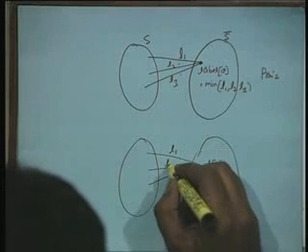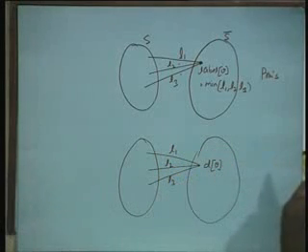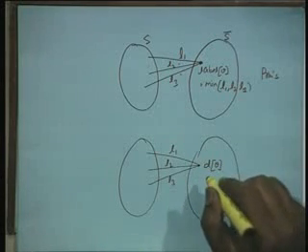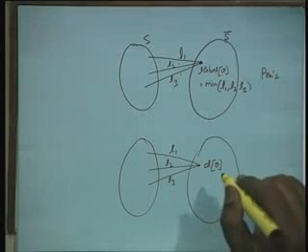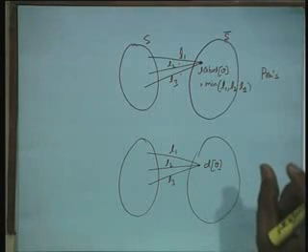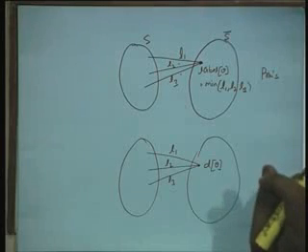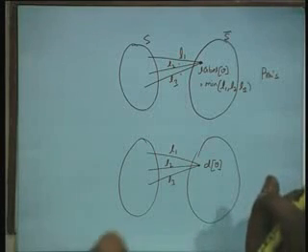D is not the minimum of L1, L2, L3. ठीक है? D has some other semantic which we will see later. ठीक है? Can someone hazard a guess here? What do you think is D?